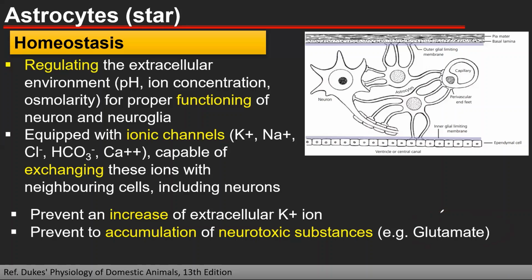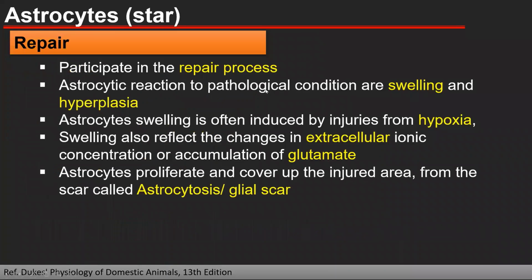Glutamine is non-toxic to the neuron, but glutamate at higher concentration is toxic to the neuron. So astrocytes convert the glutamate to glutamine, and glutamine is non-toxic, and that glutamine can be taken up by the neuron for the production of glutamate again as a neurotransmitter. So they maintain the homeostasis for the proper, continuous functioning of the neuron.